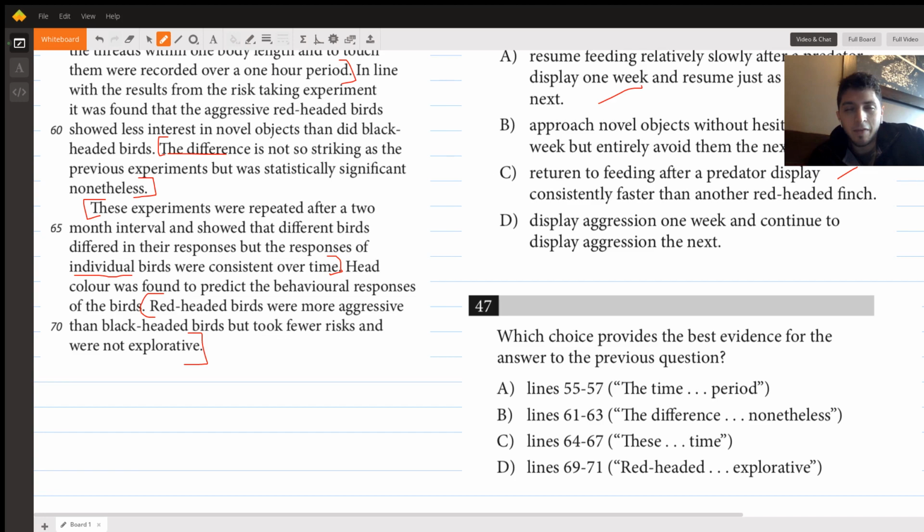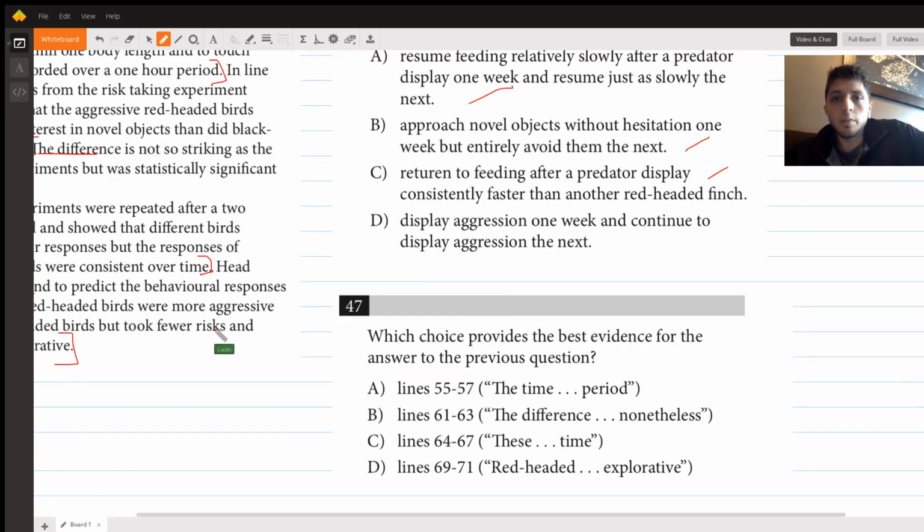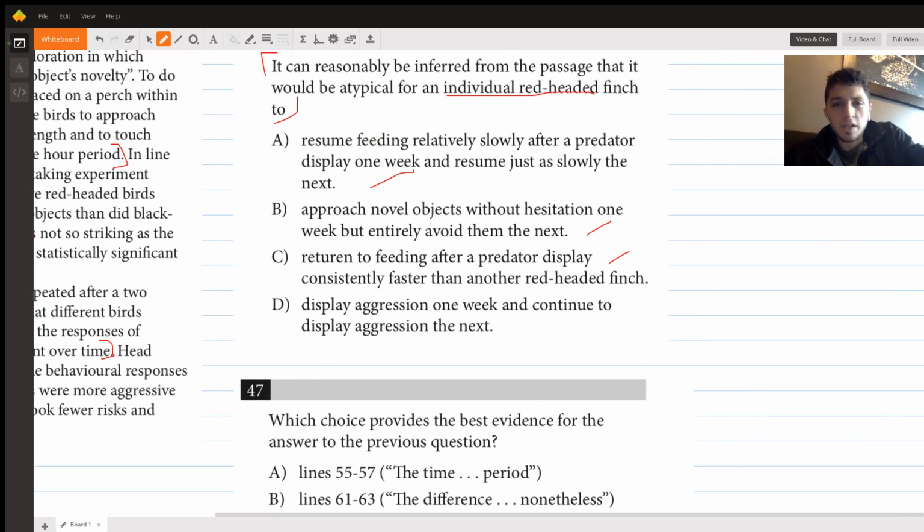But it's kind of hard to decide in advance on our text for 47, so we should jump back into 46 and see what's going on here. So A says it would be atypical for an individual red-headed finch to resume feeding relatively slowly after a predator display for 1 week and resume just as slowly the next. There's two ways to approach this.